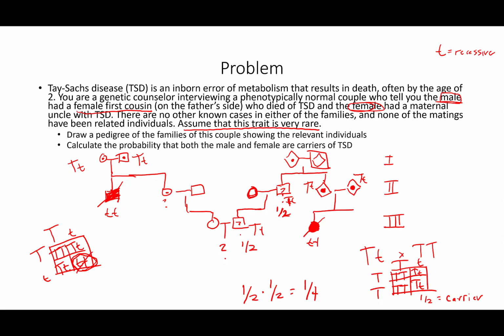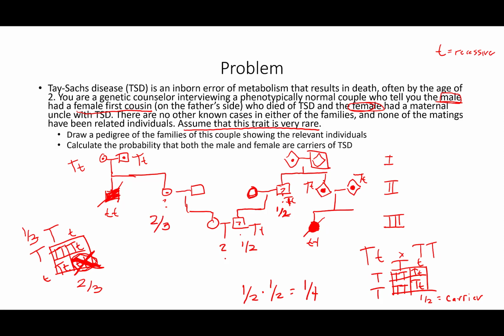No, that's an impossibility. Why? Because she would have died by age 2 and would not have given birth to another mother. So we know there's no chance that can exist. So now our probabilities change a little bit. It's 1/3 not being a carrier and 2/3 being a carrier. So we have 2/3 here.